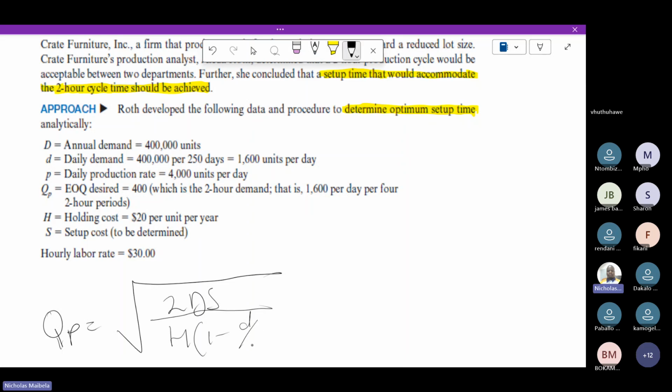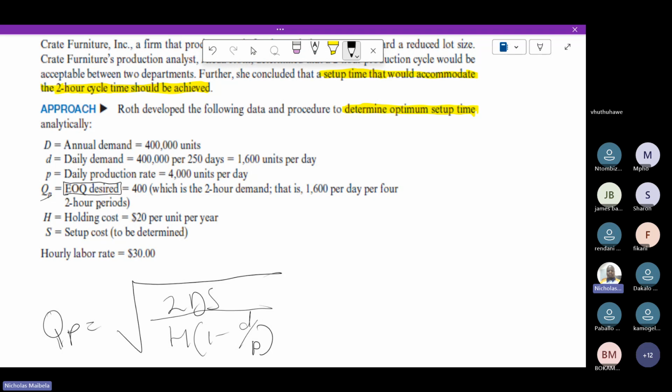All right. So the formula is as follows. We're given QP, which is also called desired quantity, economic order quantity desired. They have special names they call it.